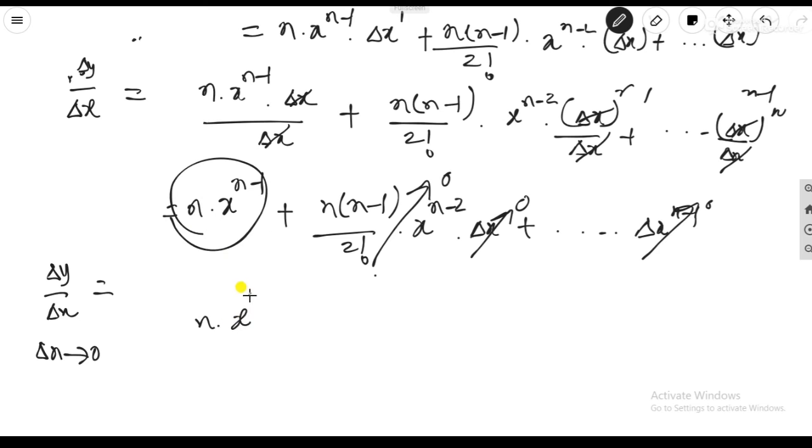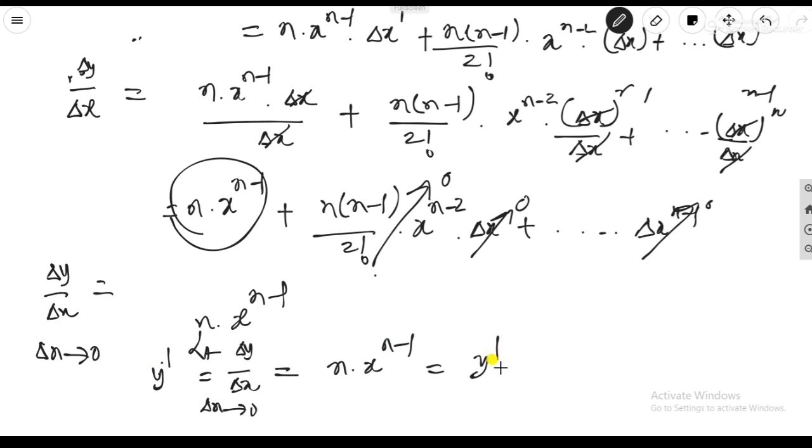That means when delta x approaches 0, delta y by delta x approaches n into x power n minus 1. That is the limit, which is y dash. So the derivative of this function is n into x power n minus 1. This is how we derive that formula.